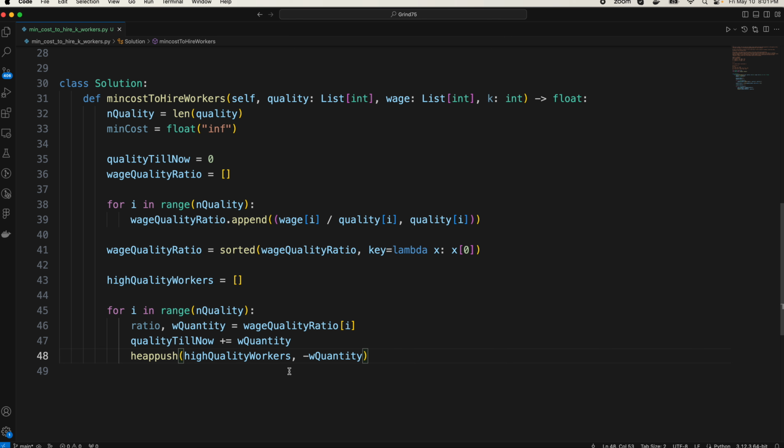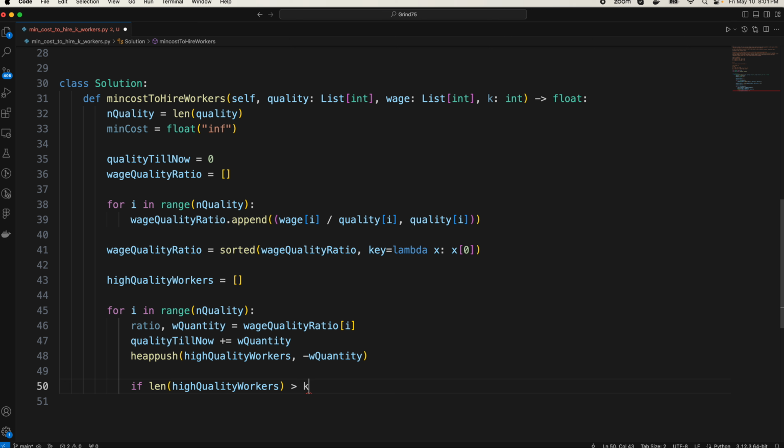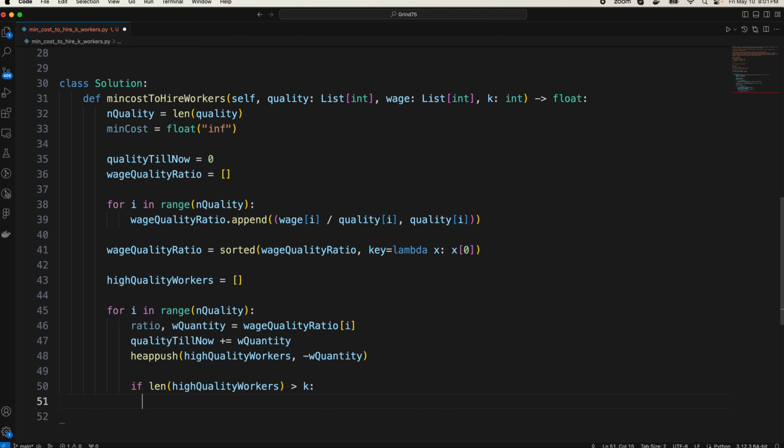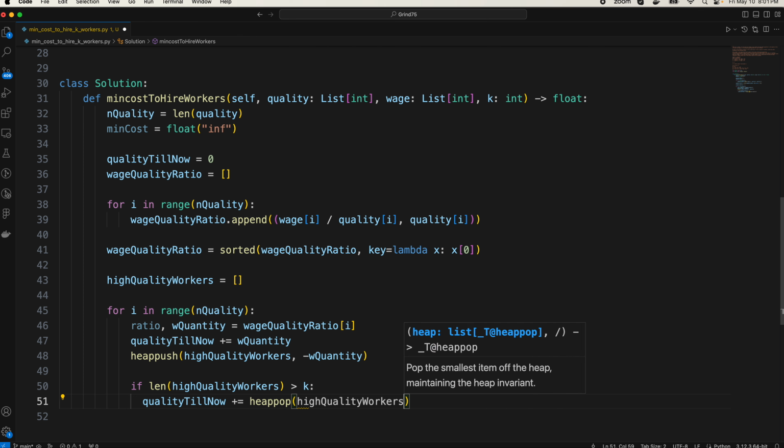Now what we have to do is, as I said, if the length of our high quality workers is greater than k, we just want to subtract heappop of high quality workers from the quality till now.